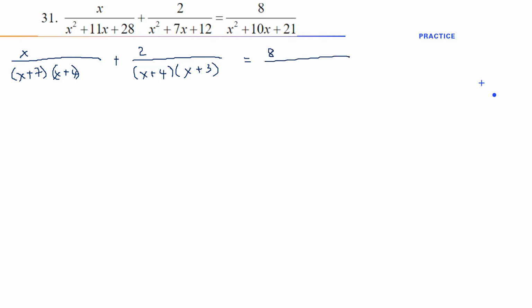Product of two numbers is 21, and sum is 10, so 3 and 7. Restricted values: x different from negative 7, negative 4, negative 3.